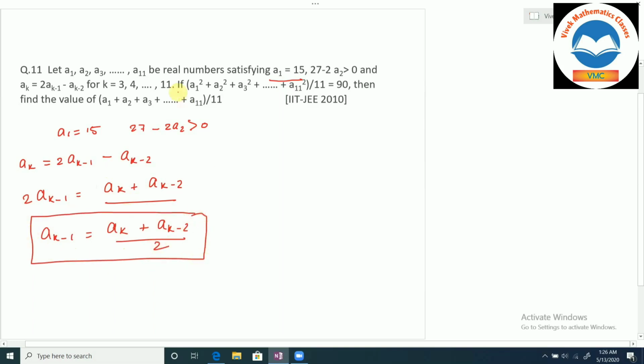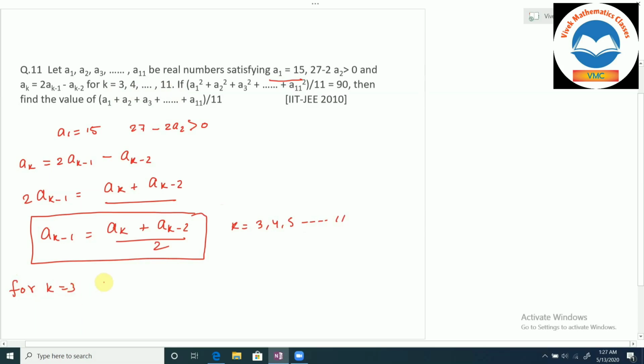Now here they have given K values as 3, 4, 5 up to 11, so K is valid for 3, 4, 5 up to 11. If you put K equal to 3, what we will get?